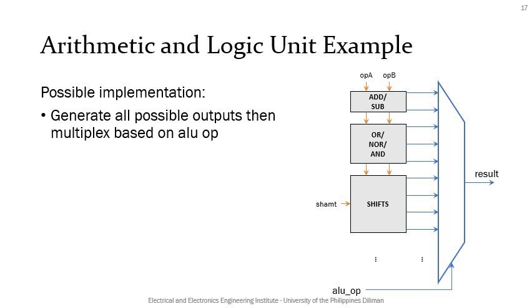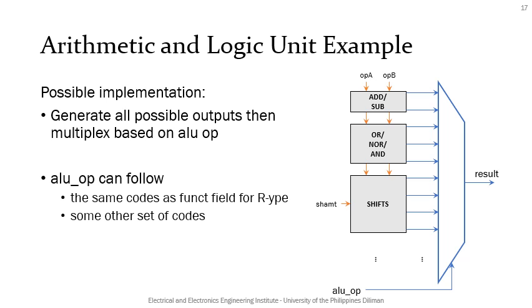There are different logic blocks, all operating on operands A and B, and generating all possible outputs for each of these different blocks. However, only the desired output is multiplexed using ALU-op.